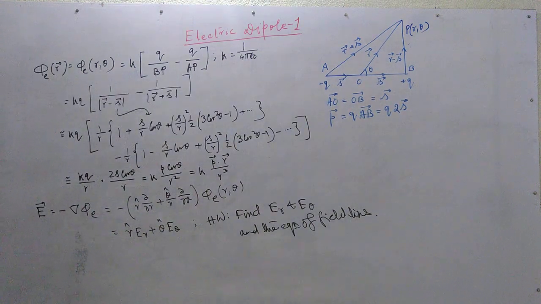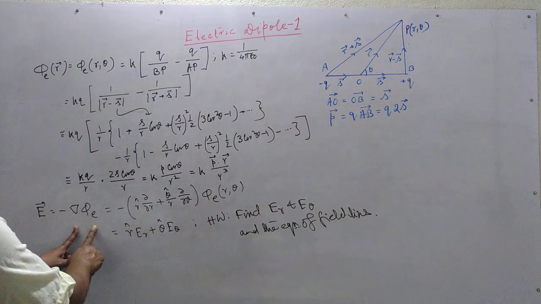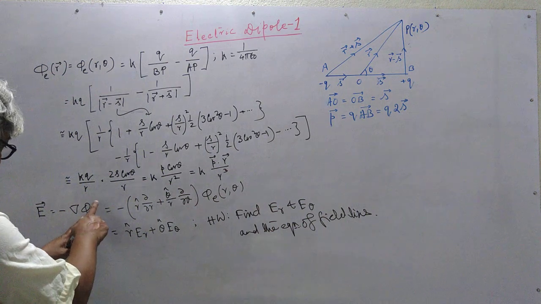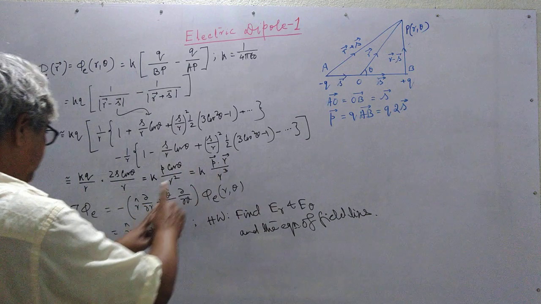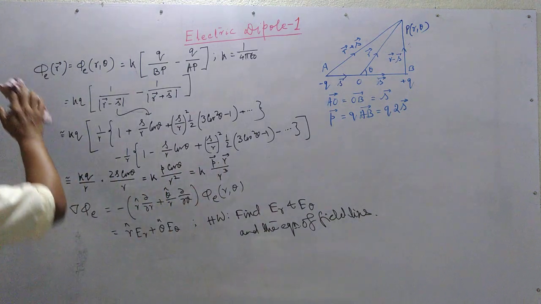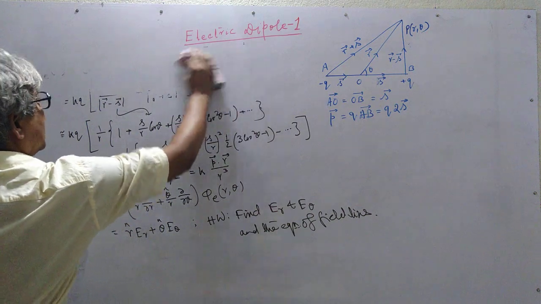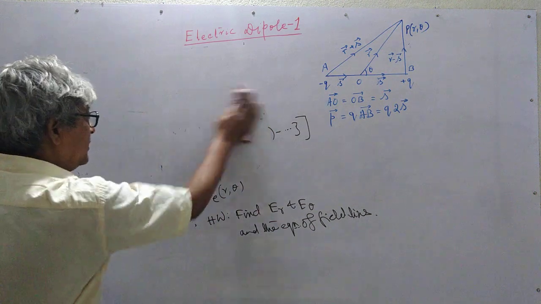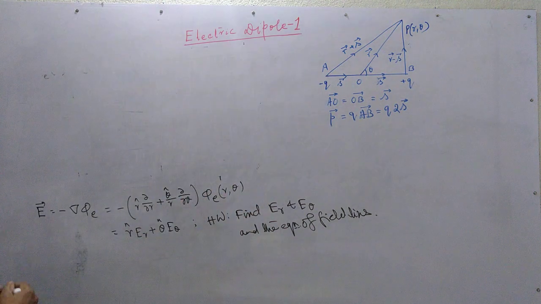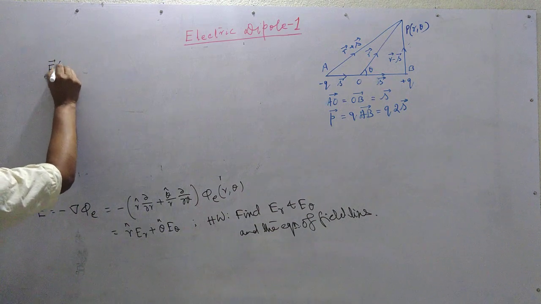Now we come to the calculation of field in a different way. In this way, in our calculation, we shall use the potential. For potential, we shall use this expression and find out the field. So the field will be, let me just copy the parts, then I will erase the next.